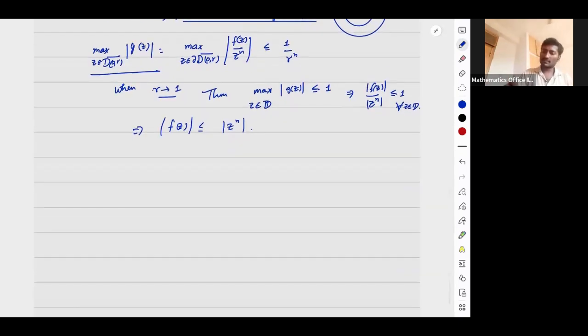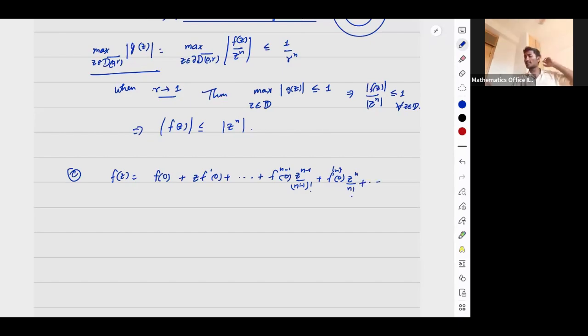Because f is holomorphic, f(z) can be written as f(0) plus z into f prime 0 plus and so on, f^(n-1)(0) z to the power n minus 1 by (n minus 1) factorial, plus f^(n)(0) z to the power n by n factorial, plus and so on. So we see here what is the first non-zero coefficient. These terms are 0.